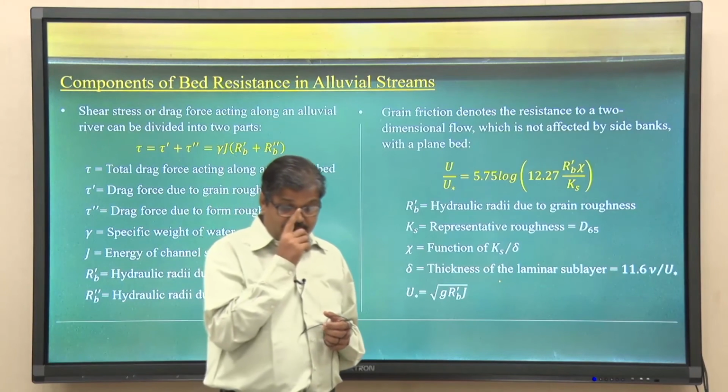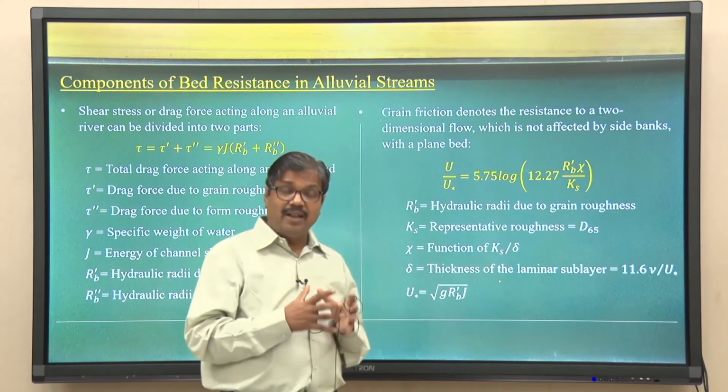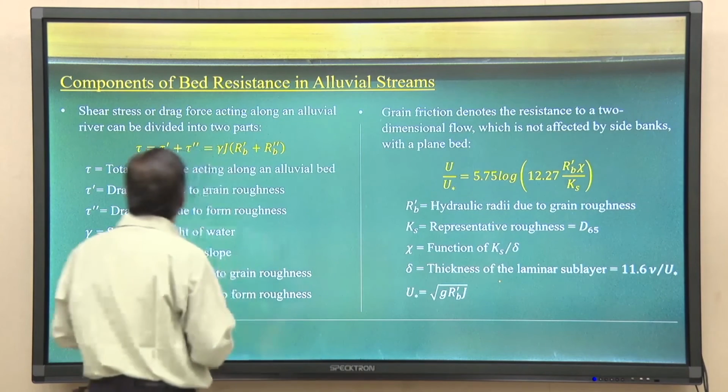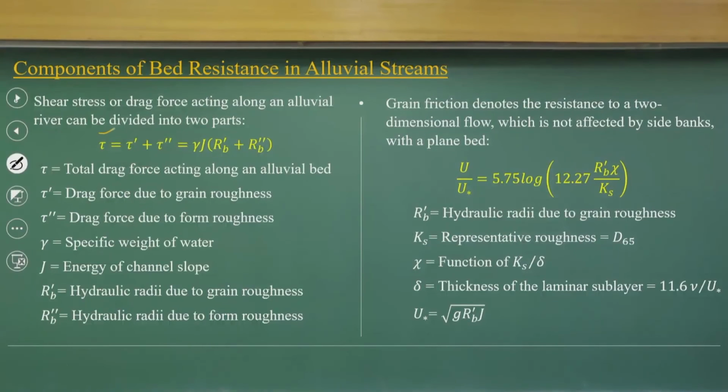Now, if you look at the bed resistance in alluvial rivers, it has a composition of two parts. The shear stress we can divide into two parts. One is the total drag force along the alluvial rivers. The drag force or the shear stress per unit area is the sum of grain roughness and form roughness.